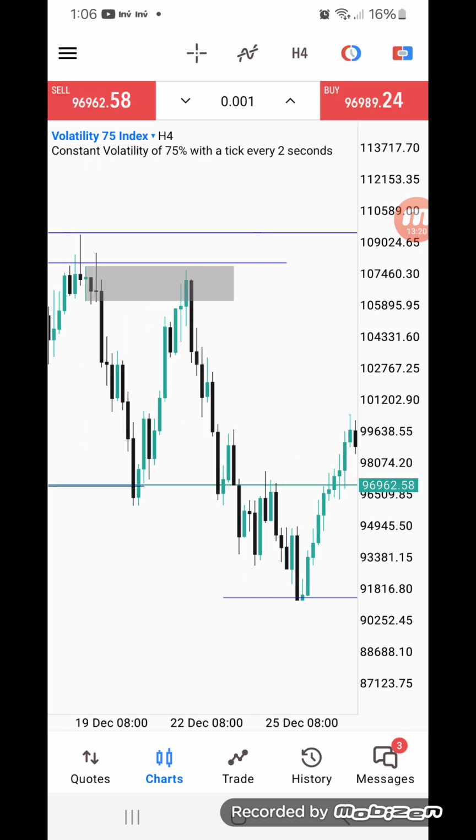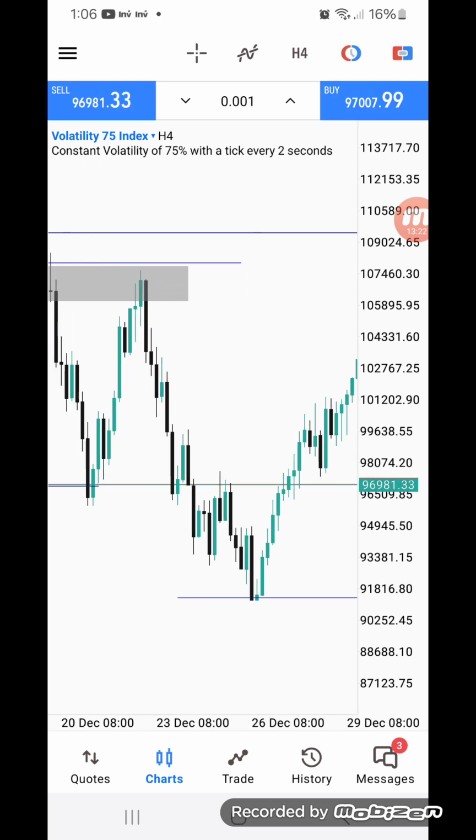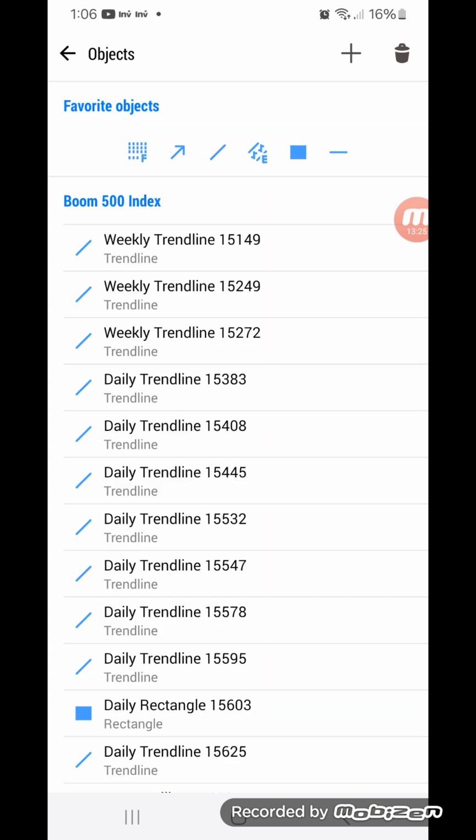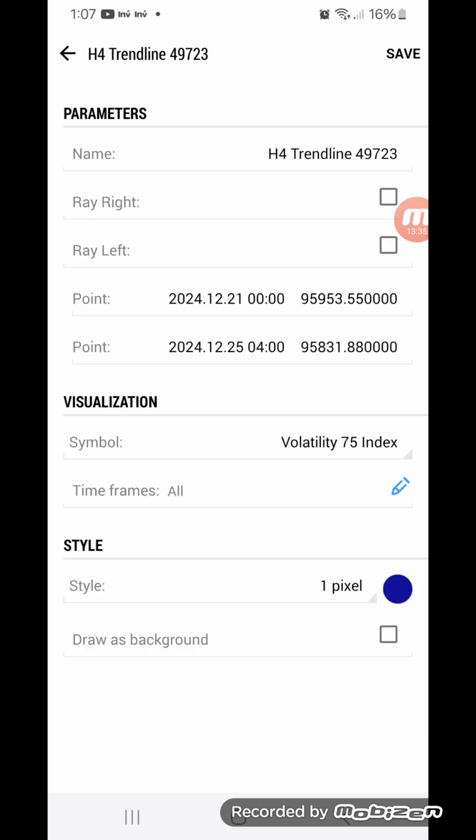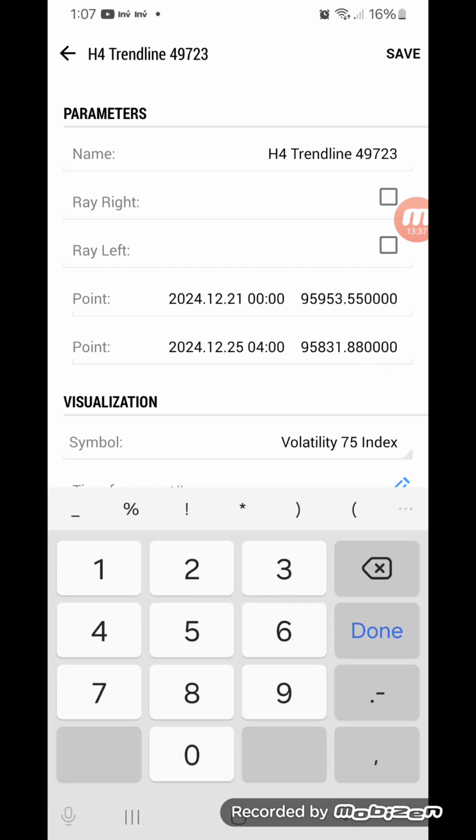Now the market did a break of structure again. It gave us another break of structure, and after giving us that break of structure, what did it do? Let me mark it.